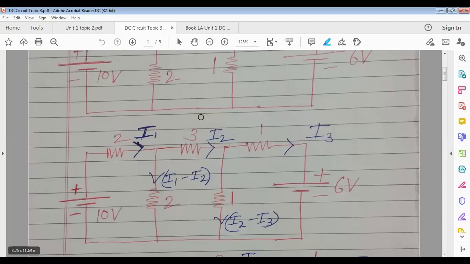Now with reference to this branch current direction, mark the polarity of voltage drop across each resistance. Everyone please mark polarity of voltage drop across it.